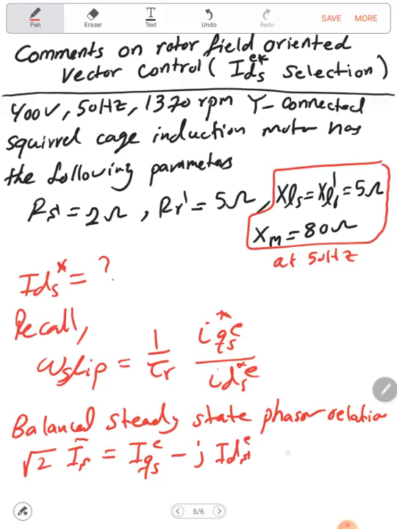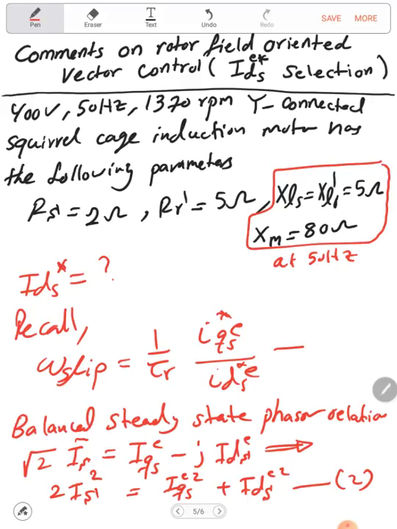Simply from here, if we take the magnitude, we get that 2 IS squared equals IQSE squared plus IDSE squared, and this is the second equation, and this is the first equation.